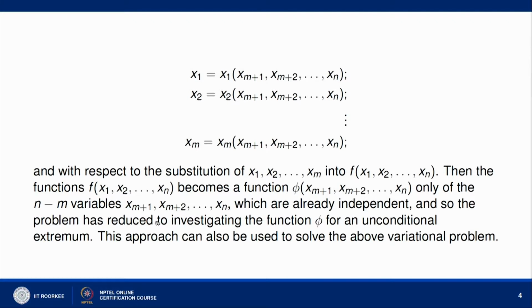So the problem has reduced to investigating the function phi for an unconditional extremum in the variables xm plus 1 to xn. We try to apply the same approach to solve the given variational problem.